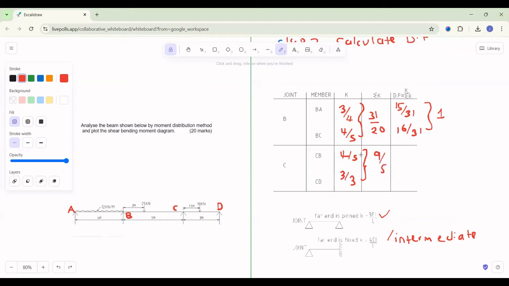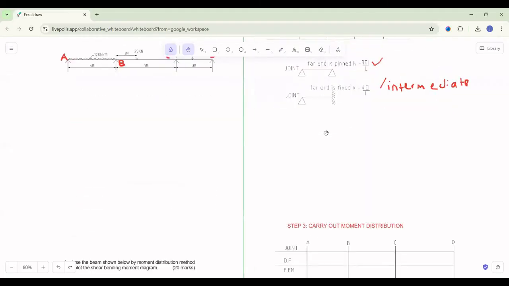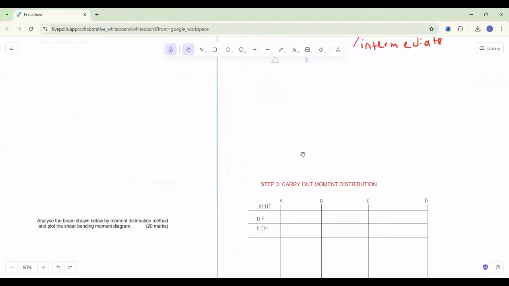Now, 4 over 5 divided by 9 over 5 will again give you 4 over 9. And this one will give you 5 all over 9. Again, these two should add up to 1. Now let's proceed to step number 3.